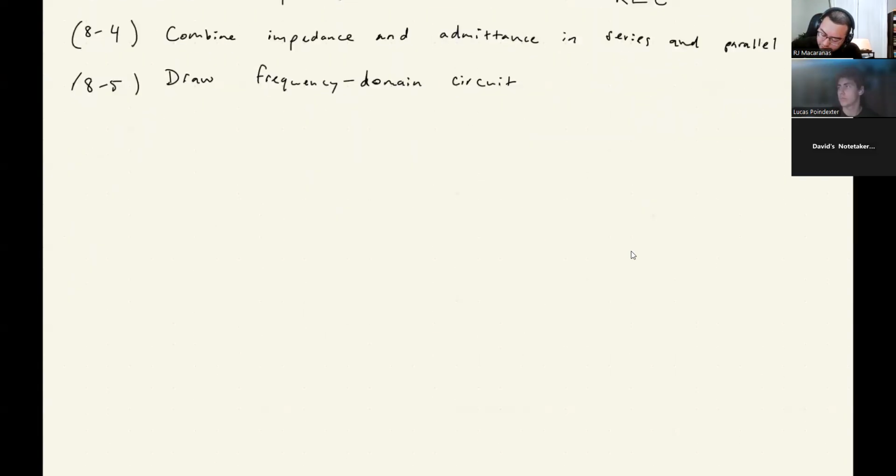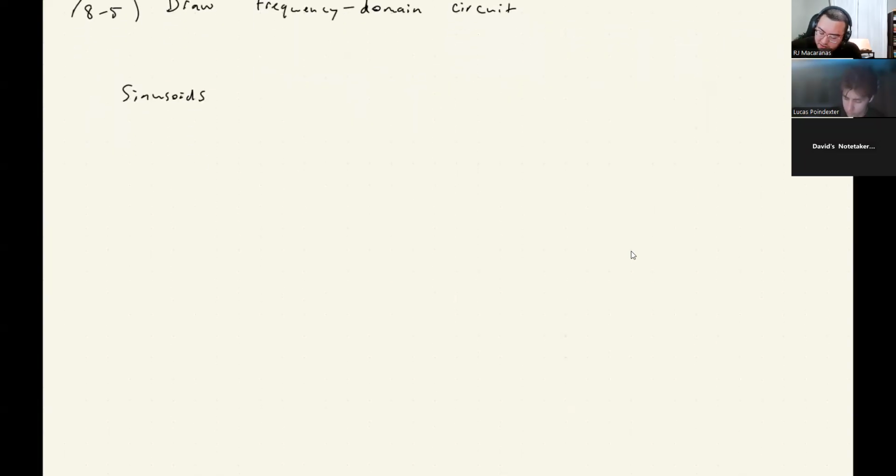I don't want to spend too much time on this because presumably you've seen sinusoidal functions before, but I just want to kind of formally define them before we get into it too much here. So this is a regular sine wave, right?